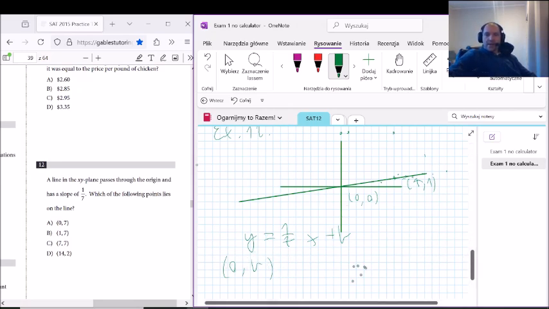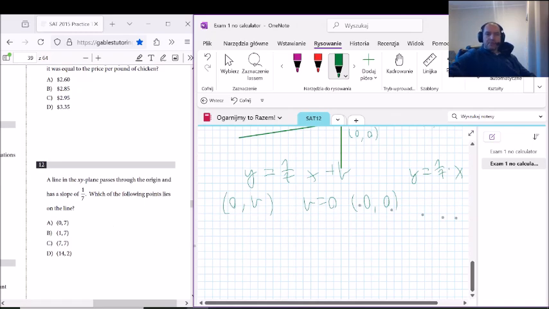For us, this point is 0, 0, which means that b equals 0. So exactly our line has a formula of y equals 1/7 times x. So now we can just put those points into this formula and see if they match this equation.